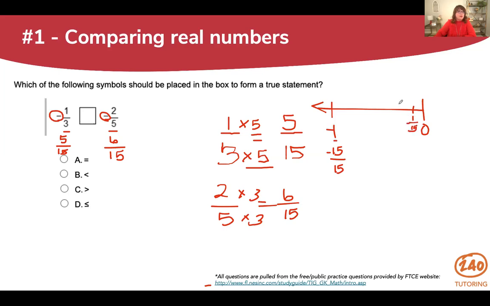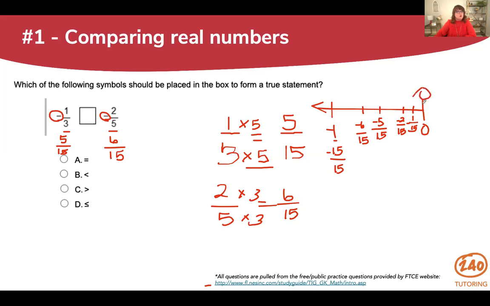And then we would have -2/15, and so on until we get to -5/15. And then right behind that would be -6/15ths, excuse me.